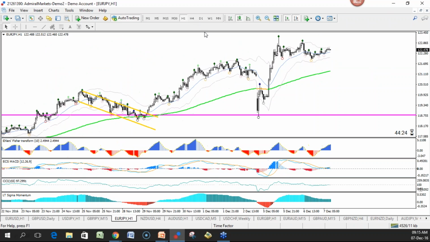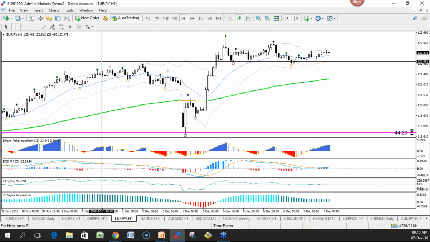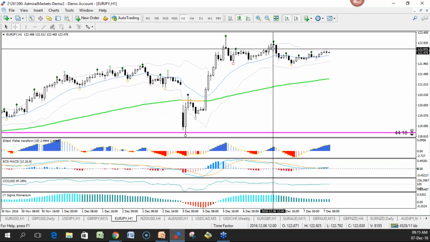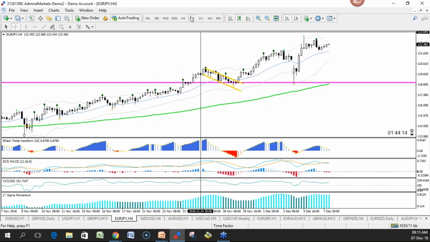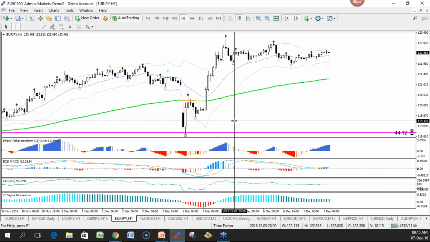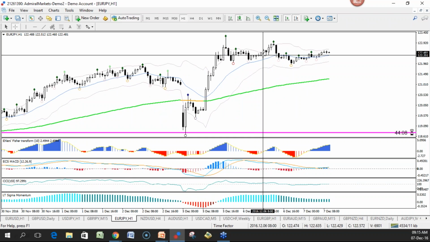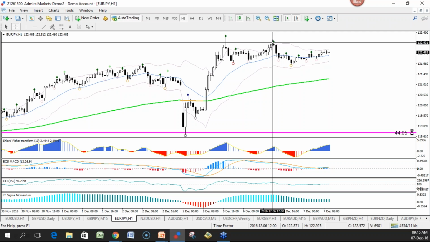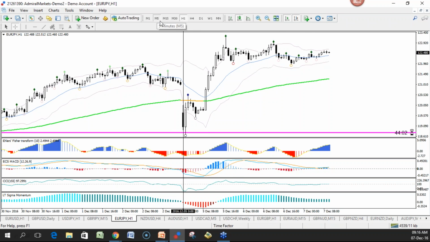Alrighty, folks, so euro yen, we talked about that. It really didn't go anywhere either. I was looking for upside because the 1 hour and the 4 hour were trending. One of those was right here on this candle. That was just before our webinar. Got a bit of upside, but then quickly got rejected.